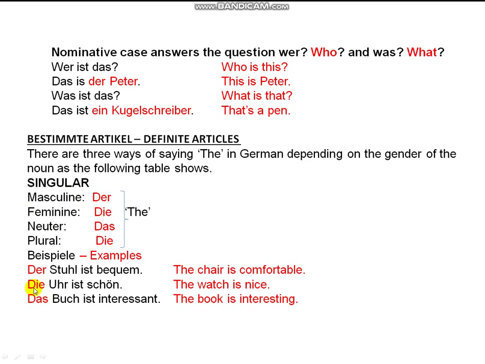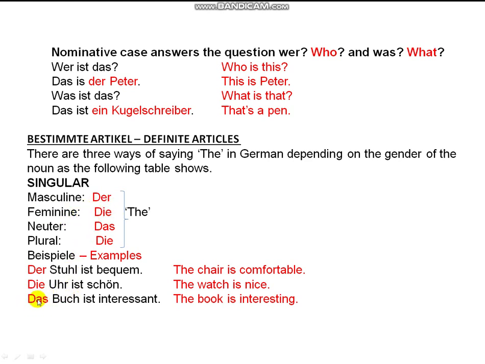Let's go to the next sentence. Die Uhr ist schön. The watch is nice. It is die Uhr because Uhr, which means watch in German, is feminine.